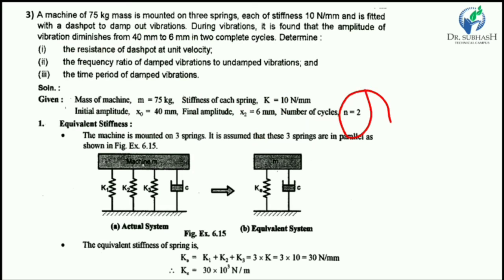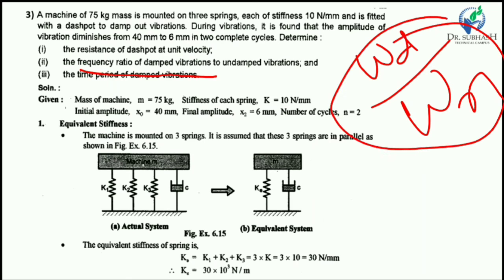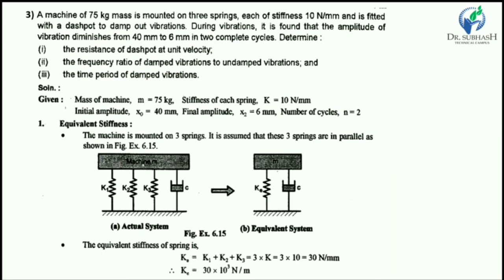The number of cycles is 2, so n is equal to 2. Now we have to determine the resistance of the dashpot at unit velocity. So we first have to find the resistance. We also have to find the frequency ratio of damped vibration to undamped vibration, meaning omega d upon omega n, and then the time period of damped vibration Td.